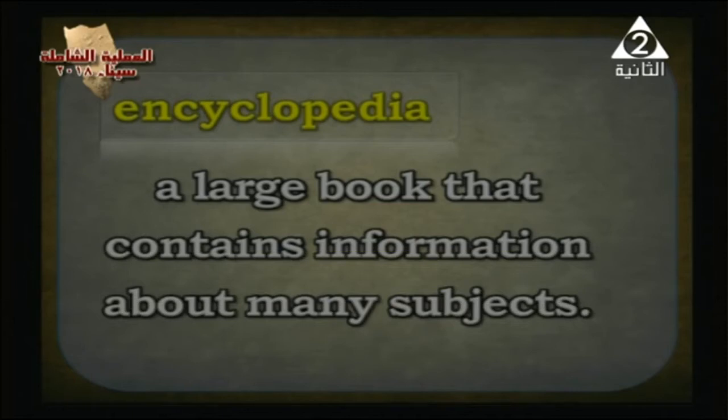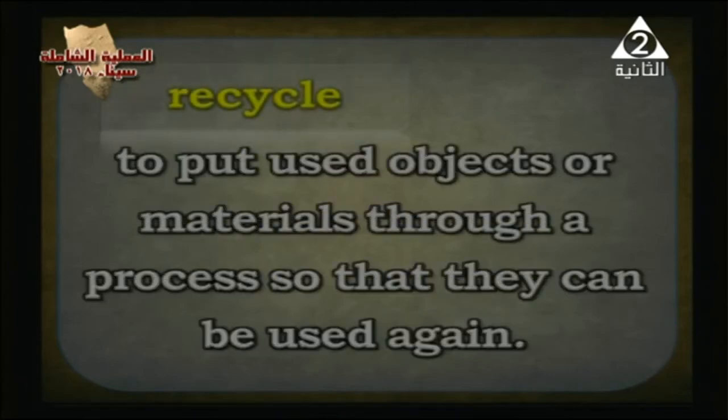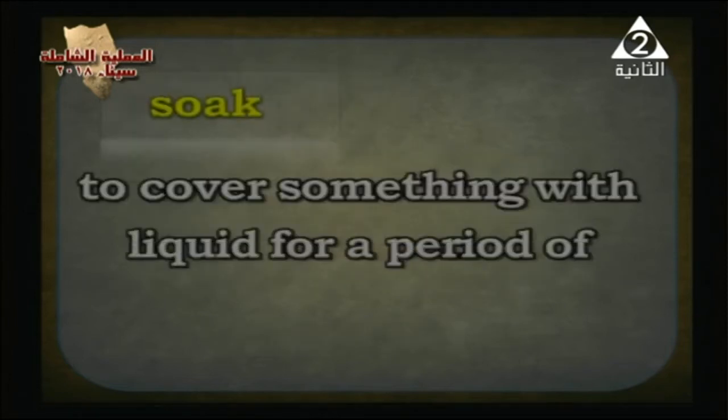Encyclopedia. A large book that contains information about many subjects. Recycle. To put used objects or materials together through a process so that they can be used again. Soak. To cover something with liquid for a period of time.